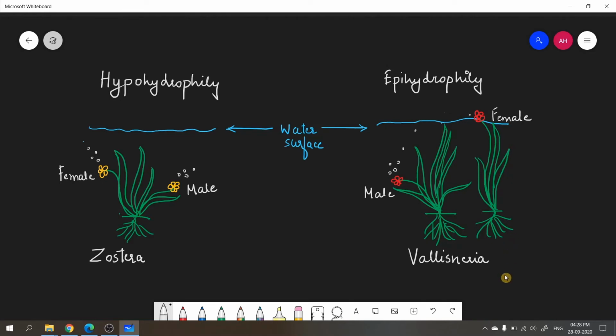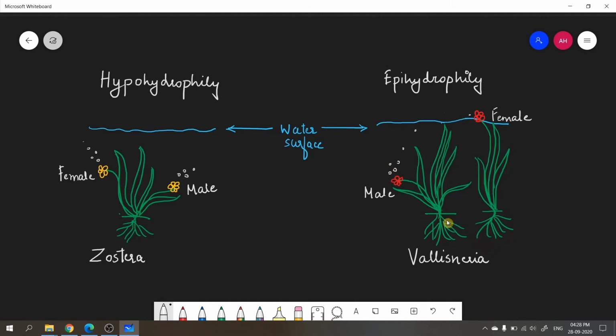What happens in Vallisneria is, you can see the male flowers are under the water, whereas the female flowers are floating on the water surface. So the stalk of the flower is quite long and the female flowers are usually at the surface of water. You can make a note here that this is a dioecious plant.